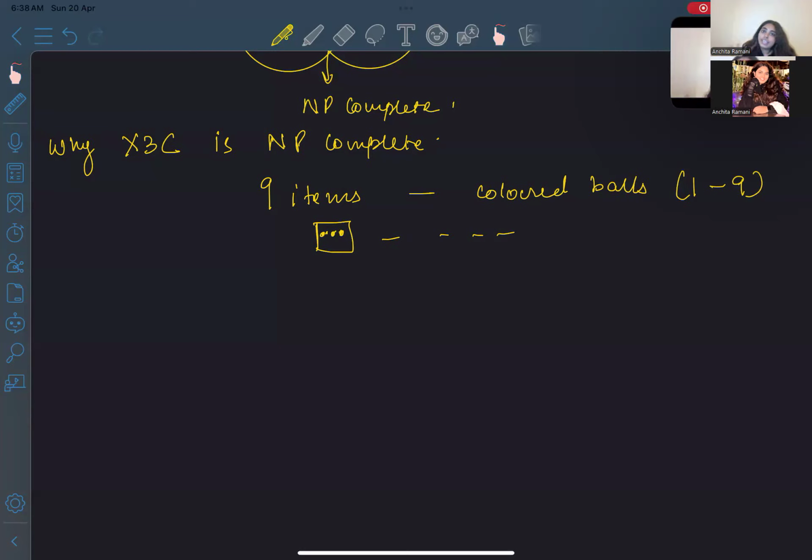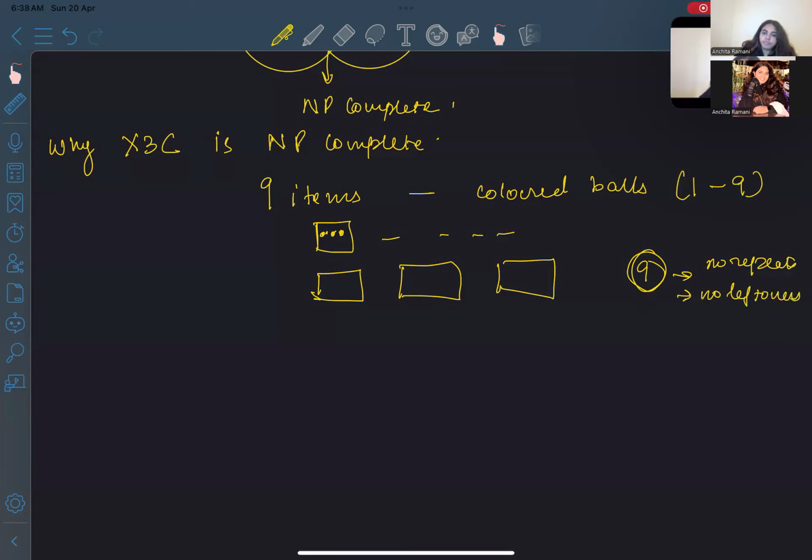The question is, can you choose just 3 of those boxes such that all 9 balls are covered? There are no repeats and there are no leftovers. That's what we call exact cover by 3-sets, or X3C.